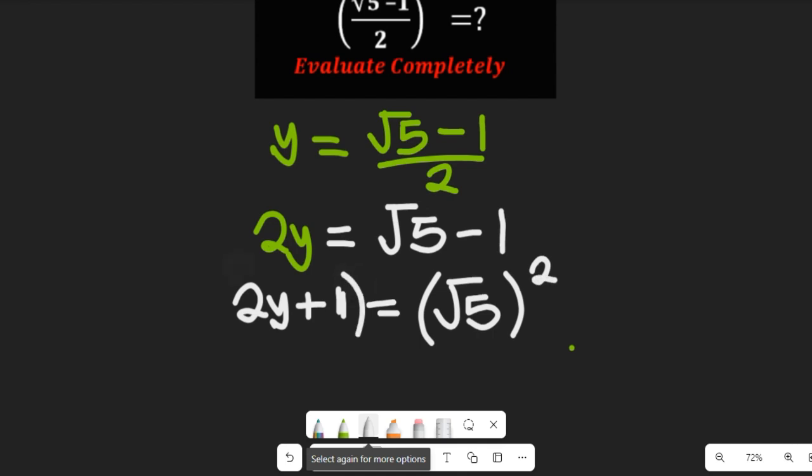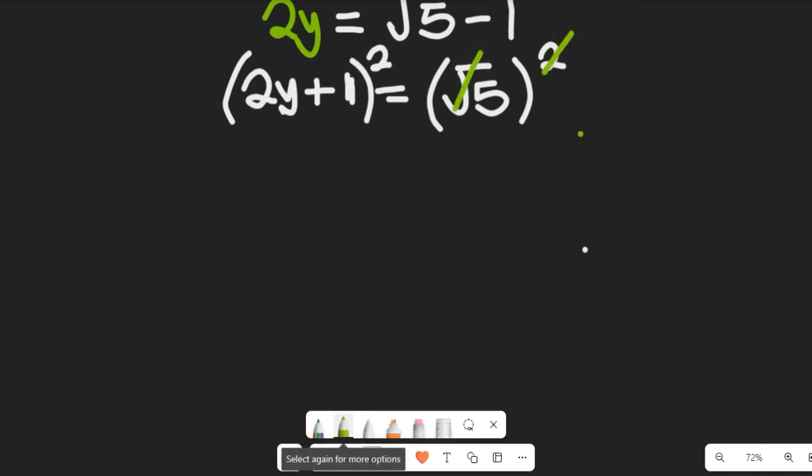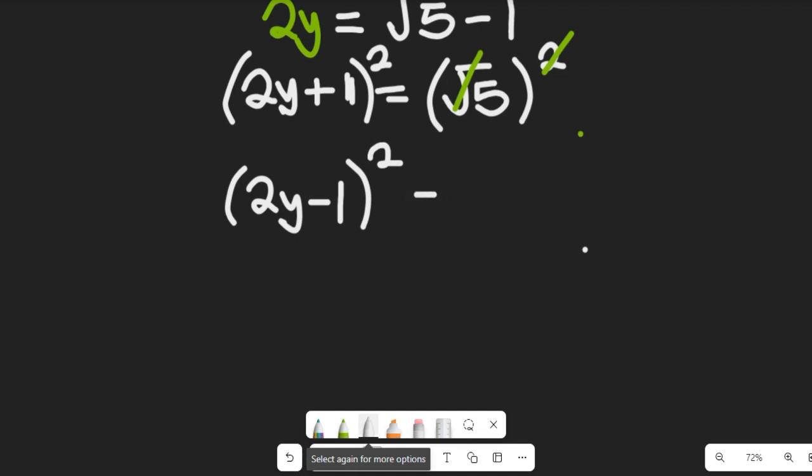If I take the square of both sides, I'll be on my way to simplifying this expression. Taking the square of both sides, what will that give me? That is going to clear the square root, right? And then the expression will now become (2y plus 1) squared equal to 5. So we have a simplified expression.